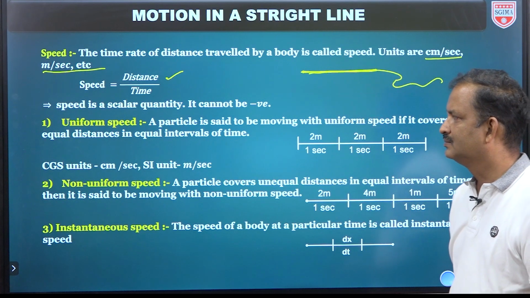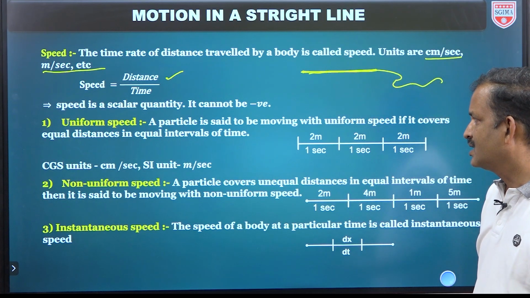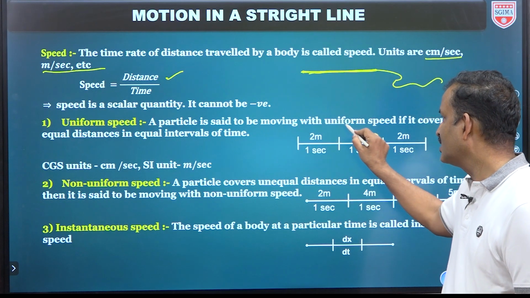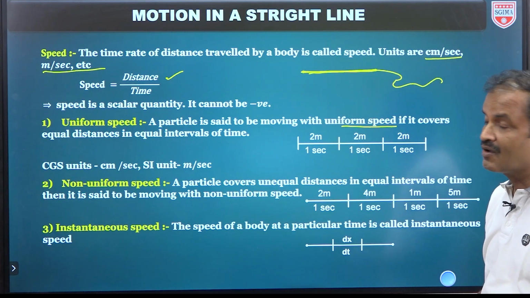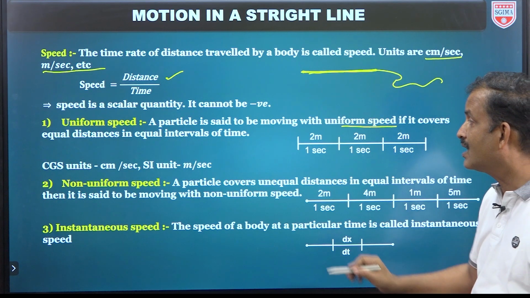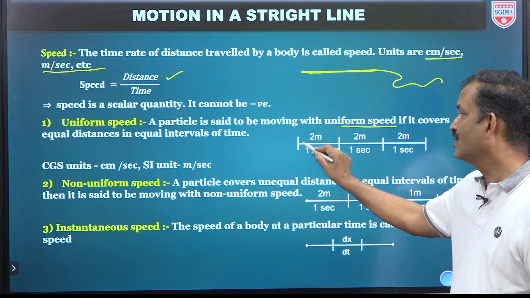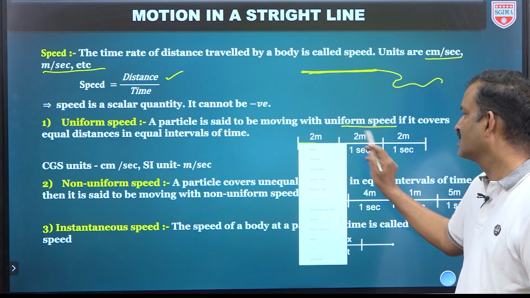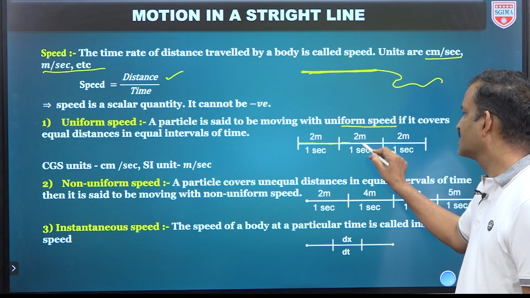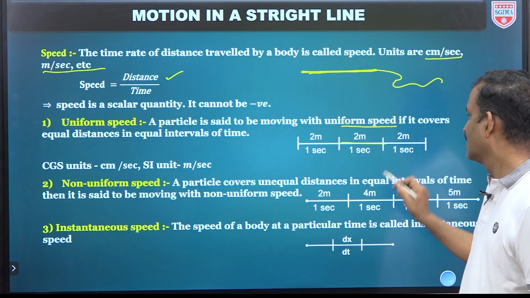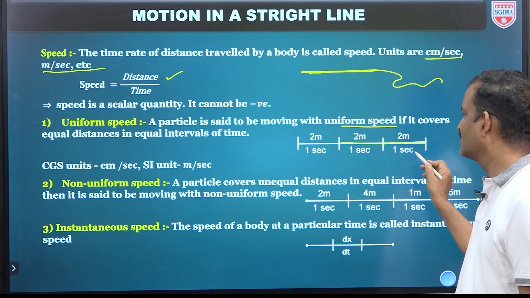Uniform speed. Uniform speed means a particle is said to be moving with uniform speed if it covers equal distances in equal intervals of time. For example, the body covers 2 meters distance in 1 second, next 2 meters distance in the next second, next 2 meters distance in the next second.